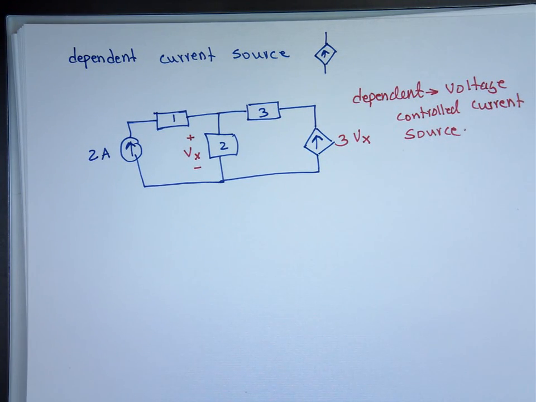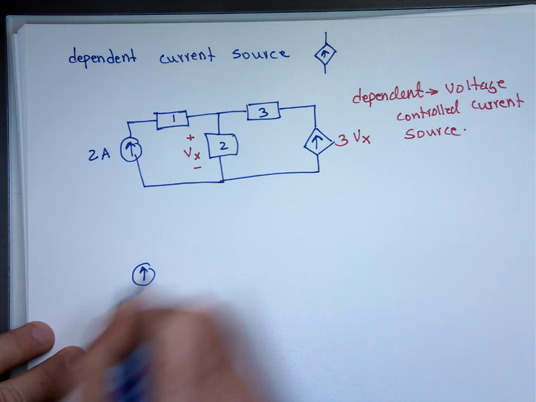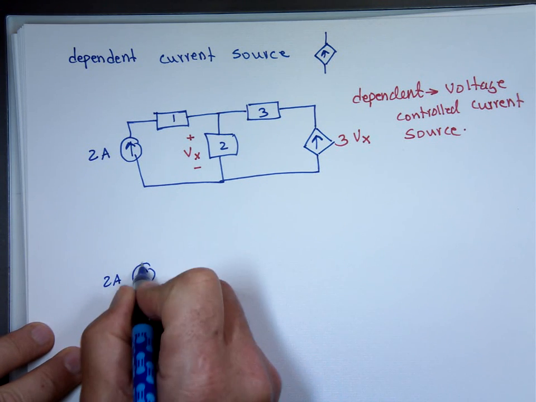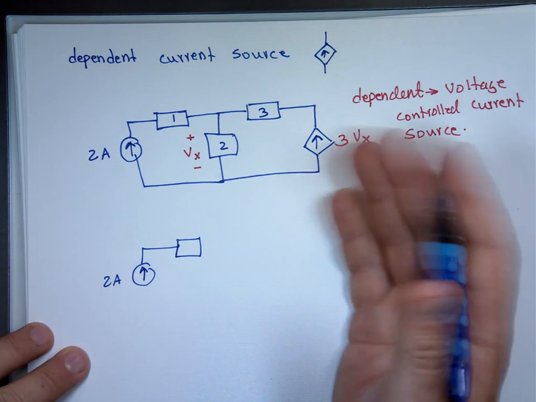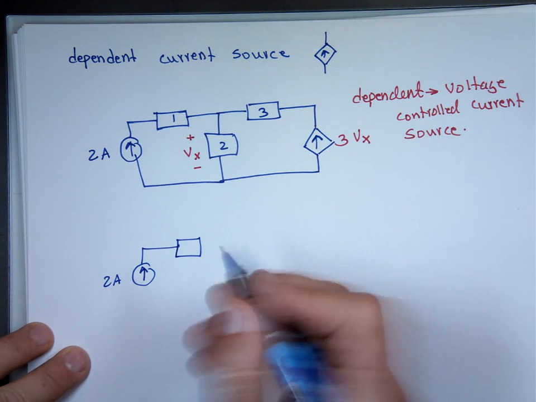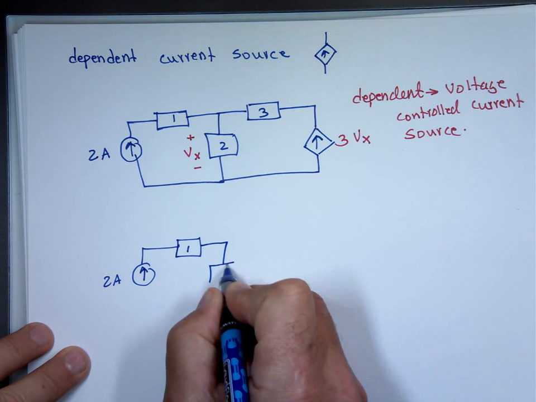It's controlled by the voltage. Now, sometimes you have the same thing as you see above it. I have some element here. When I say element, it could be another voltage source, current source, resistor, different things we didn't discuss. It could be an op amp, could be anything.